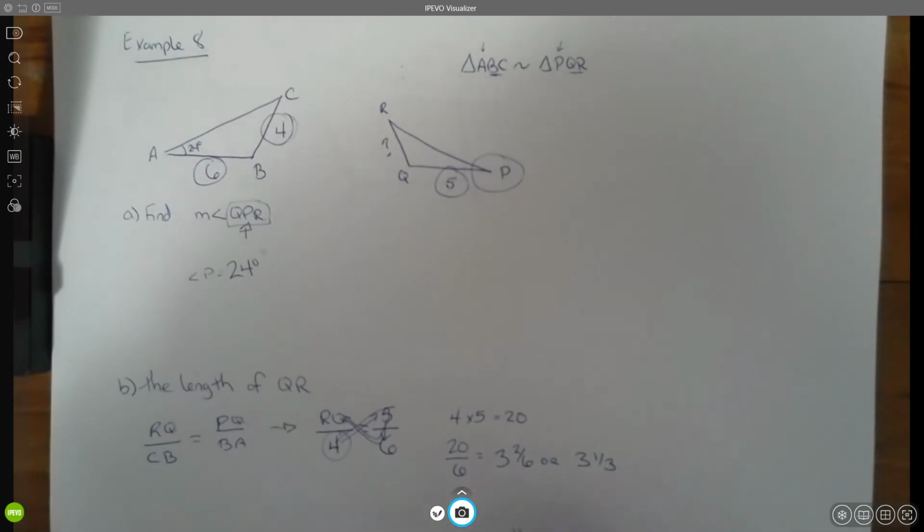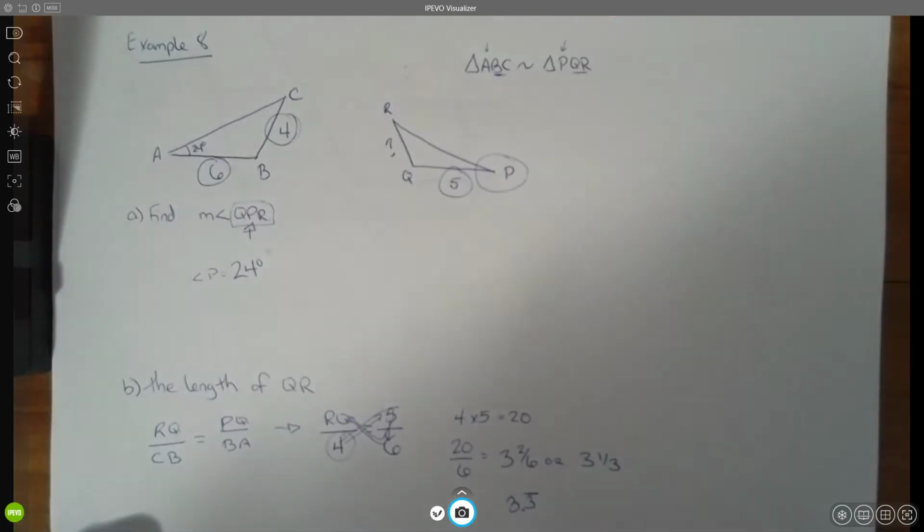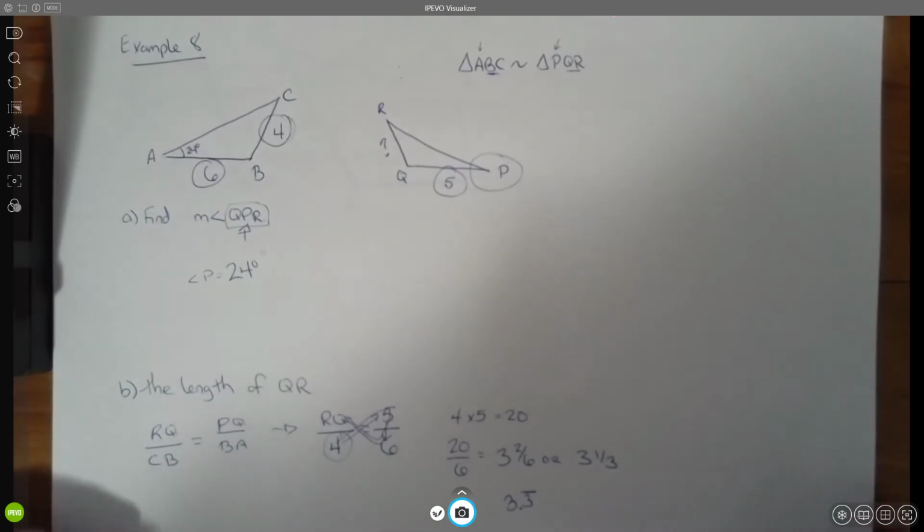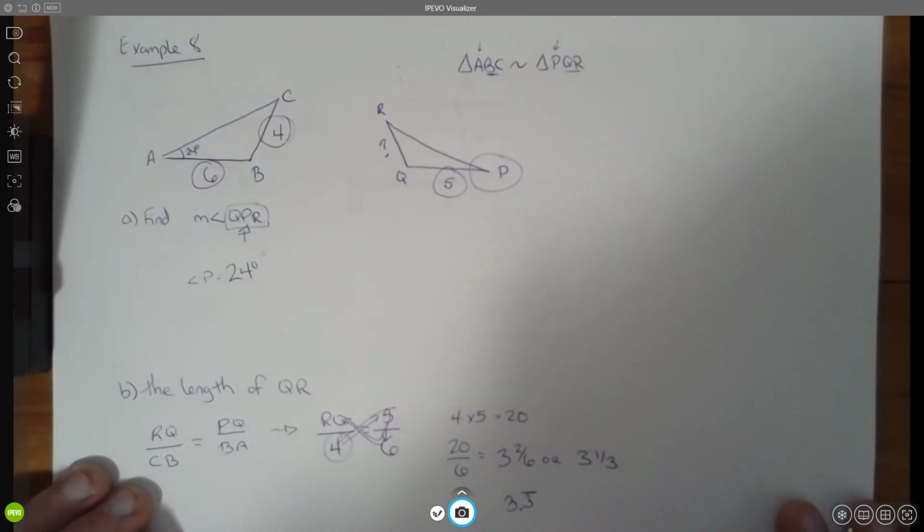Right, 6 goes into 20 3 times. I have 2 left over. If you're using a calculator for this, then chances are you'd round off at about 3.3, repeating forever and ever, which is fine too. So that's how we figure out the missing side length in this particular example.